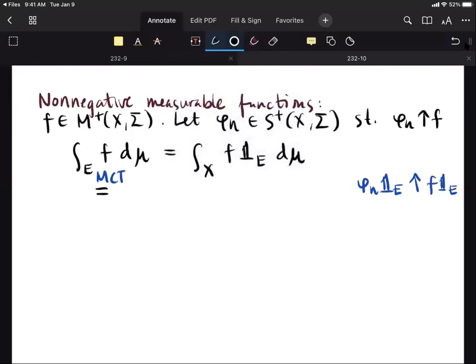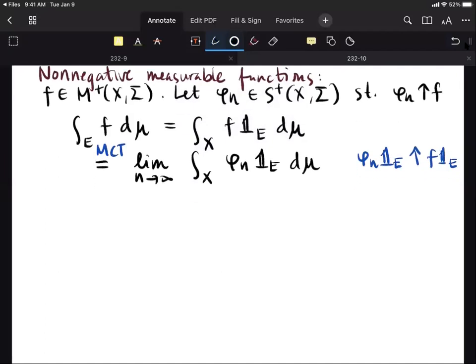So we have here the limit as n goes to infinity of the integral of phi n times the indicator function.